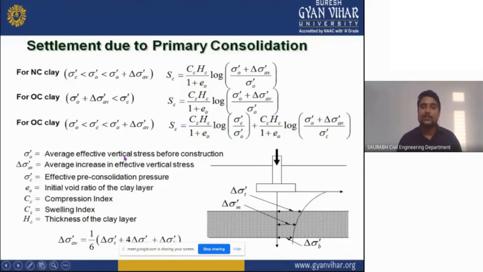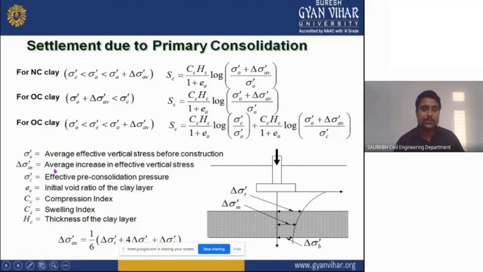Now we will see the settlement with primary consolidation. For NC clay, we have sigma c' less than or equal to sigma naught', and delta sigma av. First, you need to know the meaning of these symbols. Sigma naught' is the average effective vertical stress before the construction.